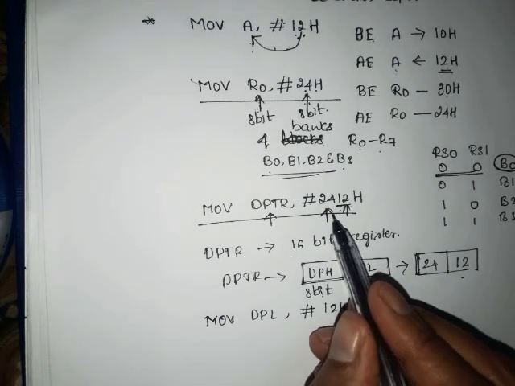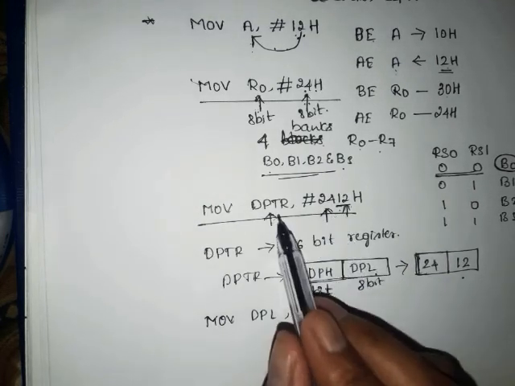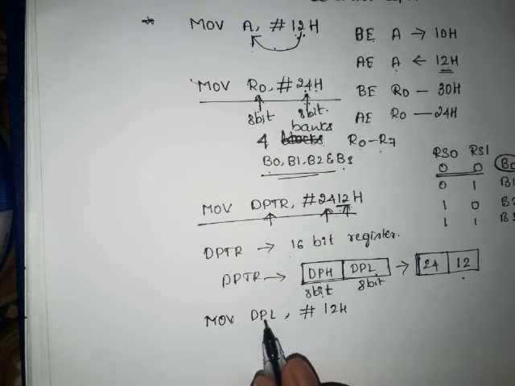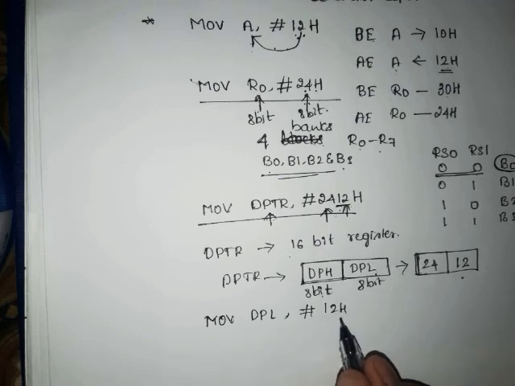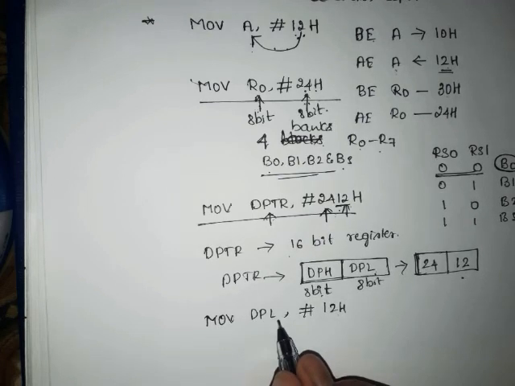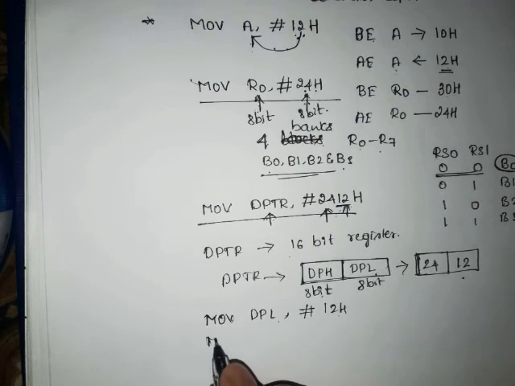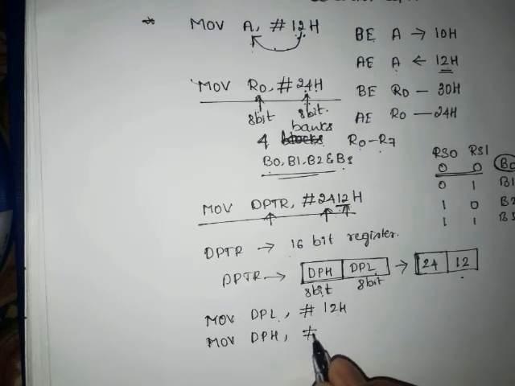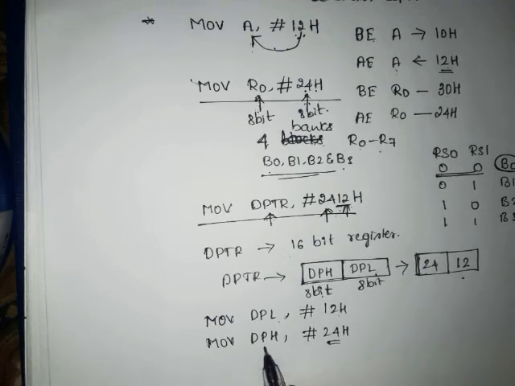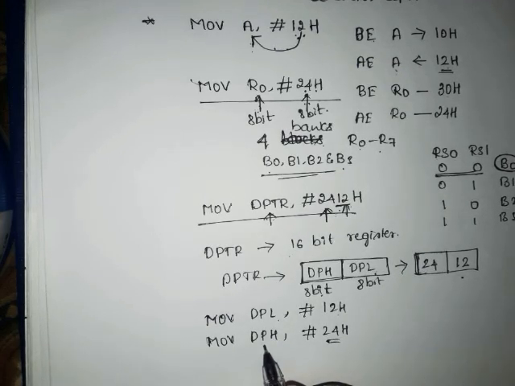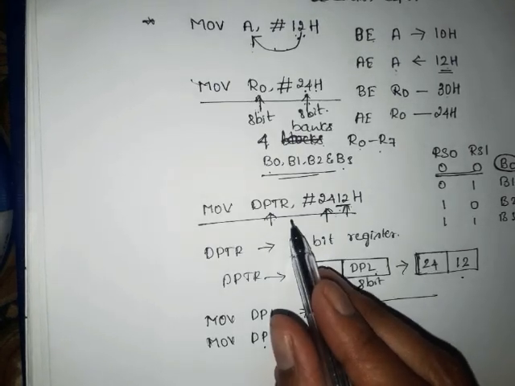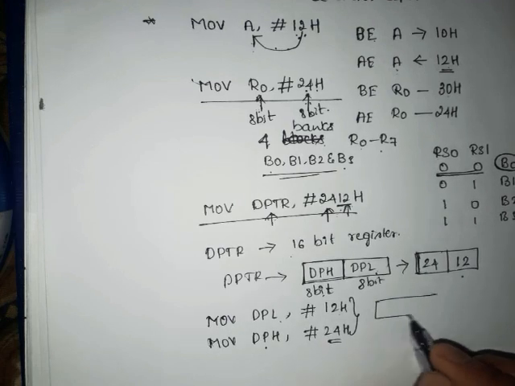Instead of using 16-bit data to DPTR, you can use the instruction move DPL comma hash 12H. That means 12H should be moved to the lower byte of DPTR. Move DPH comma hash 24H. So here 24 will be moved to the higher byte of DPTR. We are going to have the same result while using these two instructions.